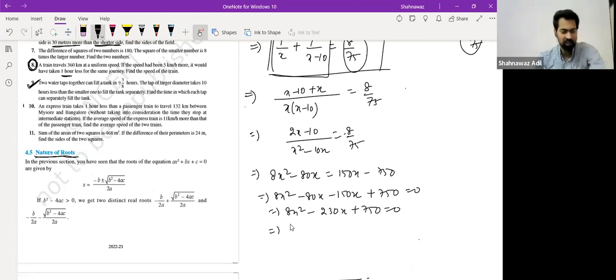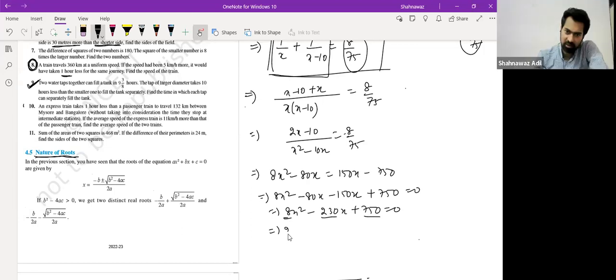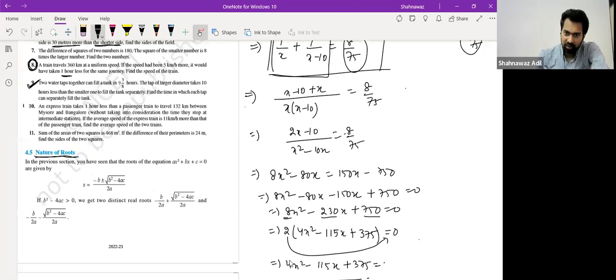What is the number that is common in each of these numbers? Rizwan? Yes, sir, 2, right? So this is 4x squared, this is 115x, and this is 375. So 4x squared, 115x, and 375.